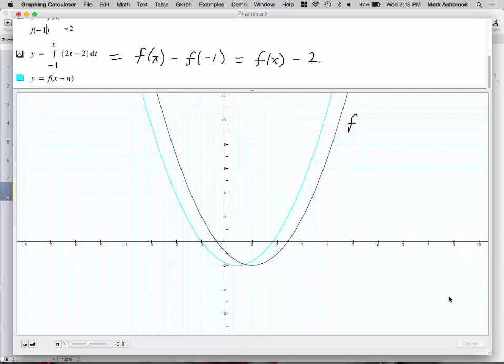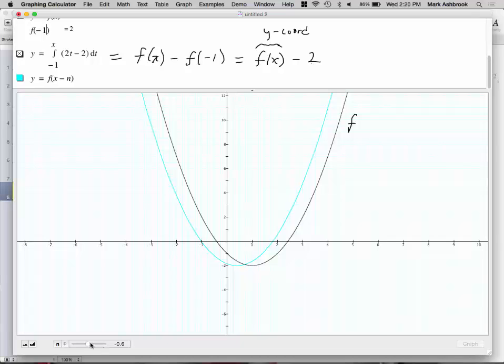The output of a function is a y coordinate. By subtracting 2 from f of x, that's subtracting 2 from every y coordinate.